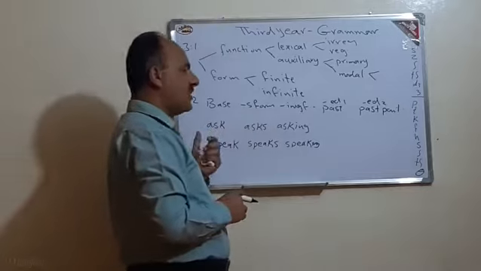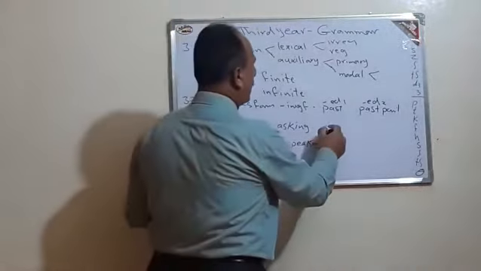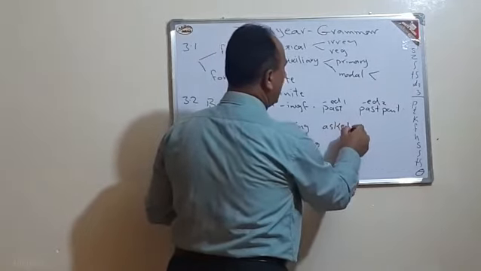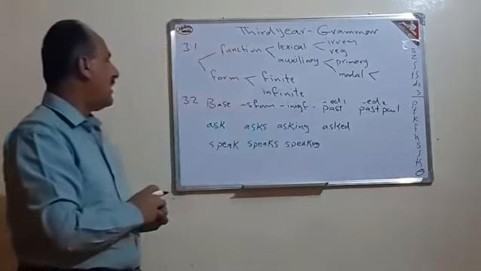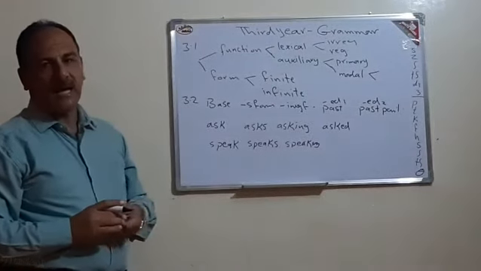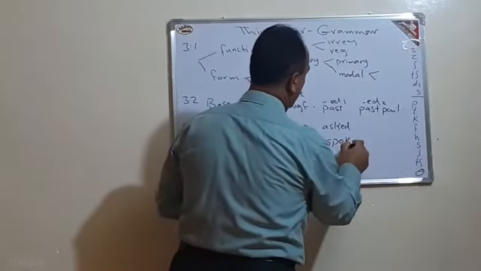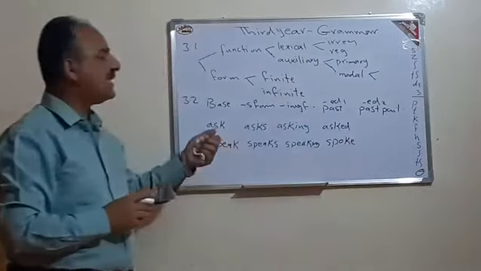The problem starts here. For a group of verbs like ask, help, etc., for the past we add ed. But the problem with speak, as we know, is that we do not add ed; we have to change it into spoke. So here is the difference.